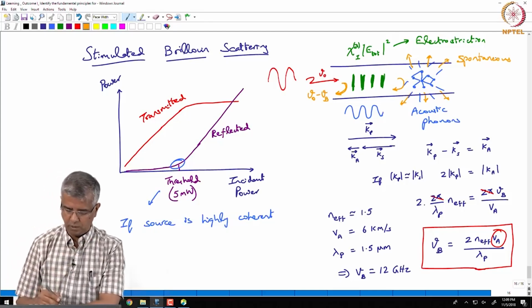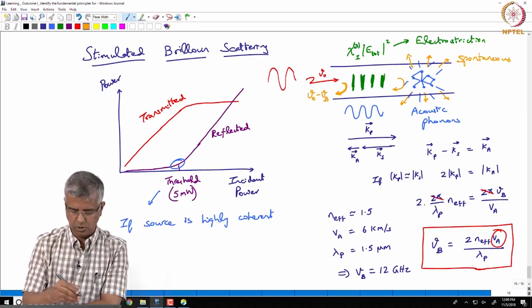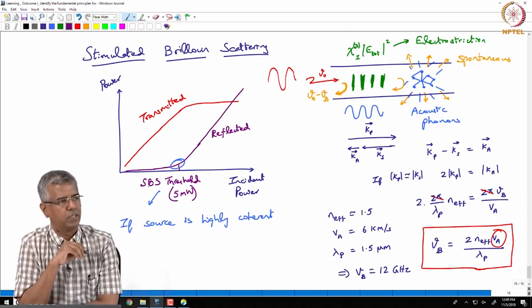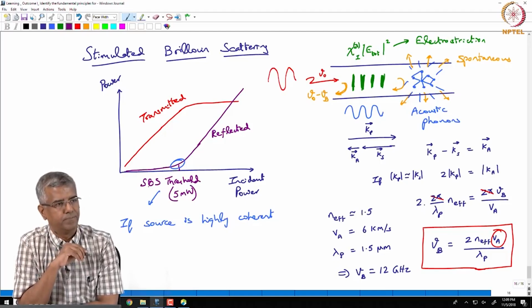And essentially when we are talking about this threshold here, this is the threshold that we define for stimulated Brillouin scattering. Okay.